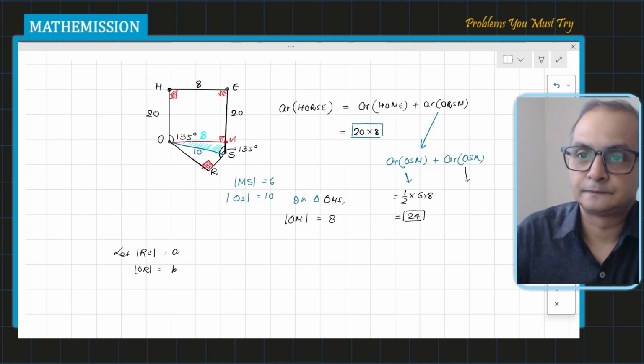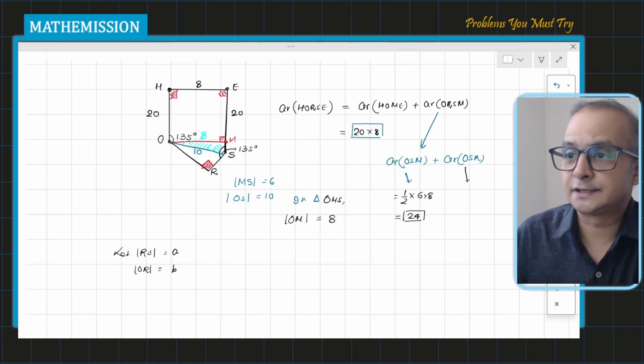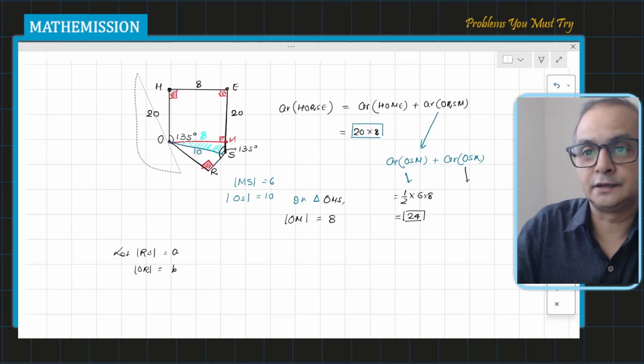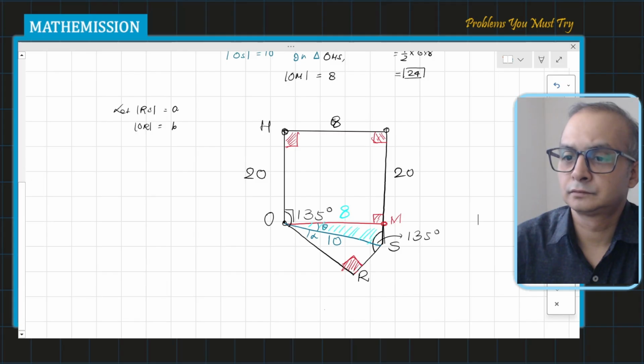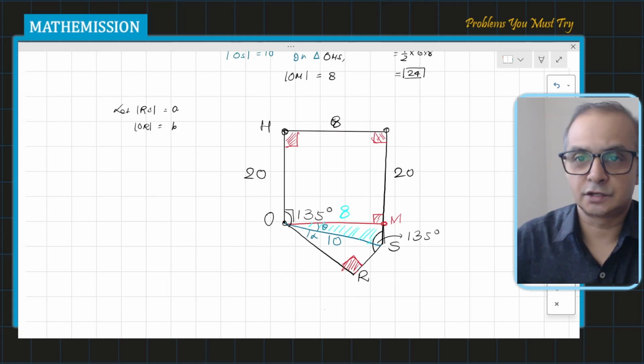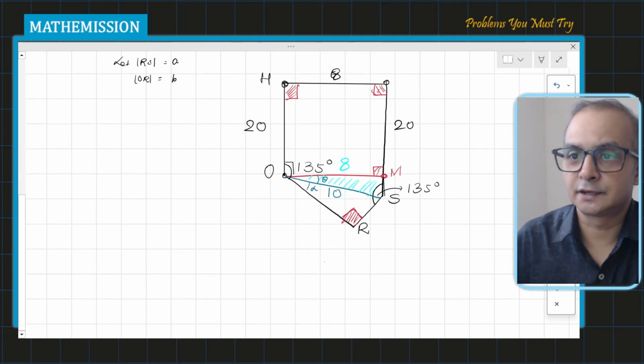I have actually enlarged this picture just to make this clearer. What I have zoomed in on, suppose I'm taking this as alpha, this is theta.